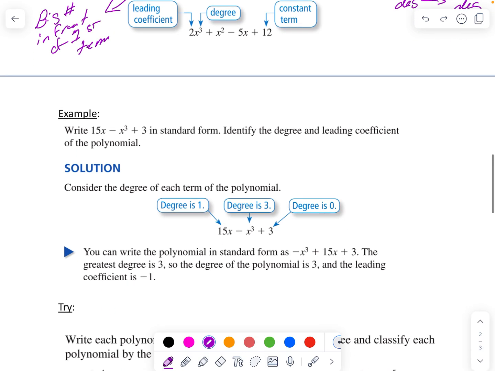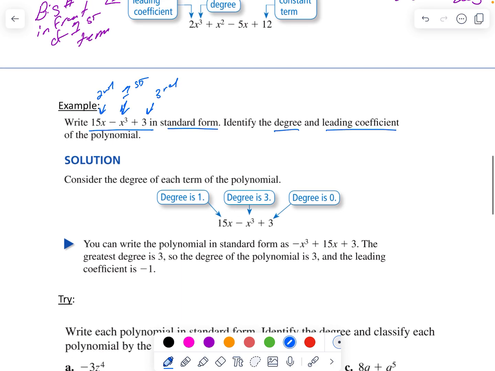So let's look at this example. We have, write this in standard form. We want to identify the degree, leading coefficient. So right now it's out of order. This needs to go first. This will be second, and this will be third when we put them in order.